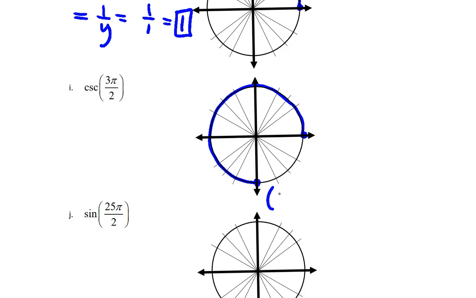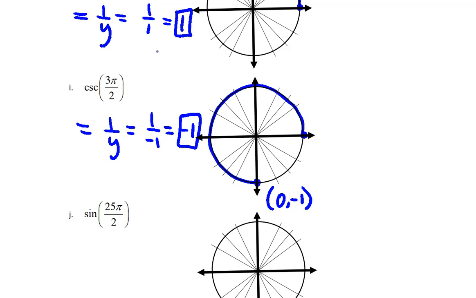And of course, the terminal point down there is 0, negative 1, which means we have the coordinates we might need. Cosecant is really 1 over y, and the y coordinate there is negative 1, so we're looking at 1 over negative 1, which is really just negative 1. So the cosecant of 3 pi over 2 is negative 1.